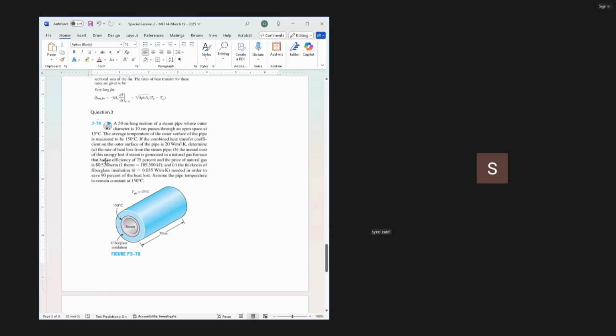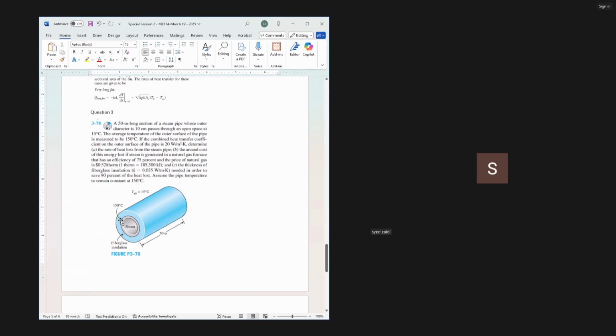B, the annual cost of this energy. C, the thickness of the fiberglass needed in order to save 90% of the heat lost. Assume the pipe temperature remains constant at 150 degrees centigrade, sorry, not 105.